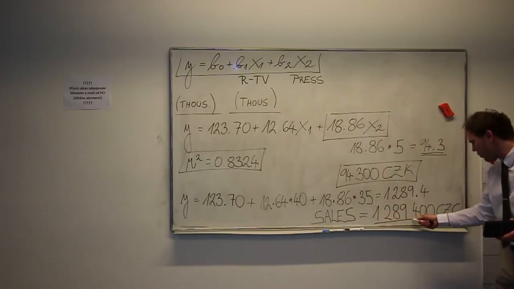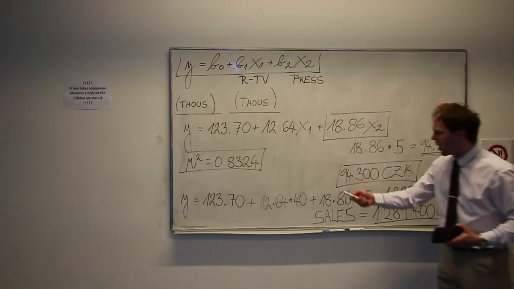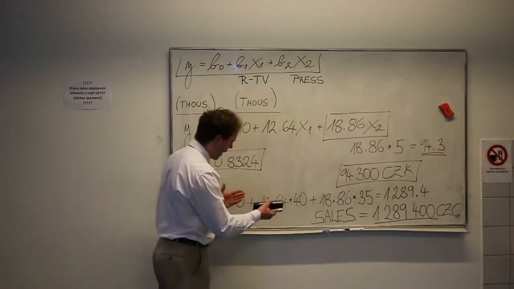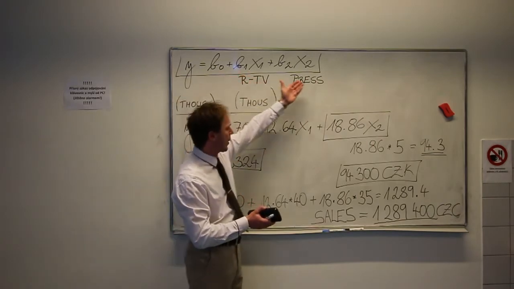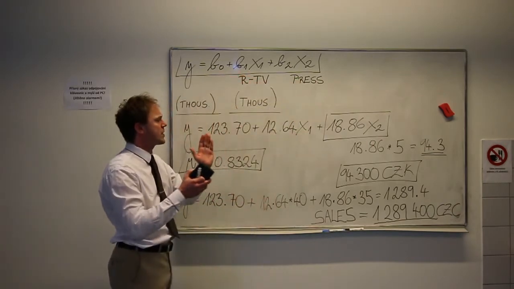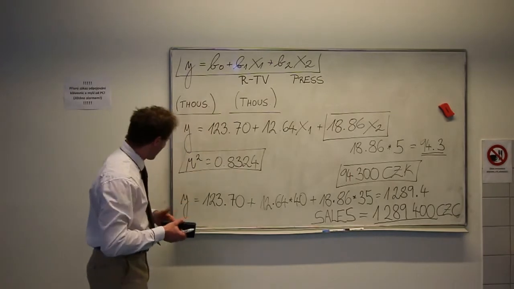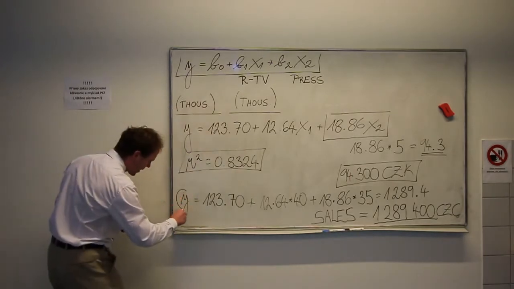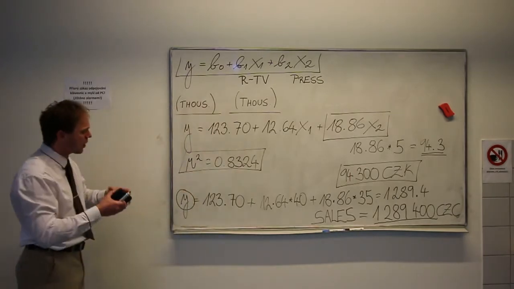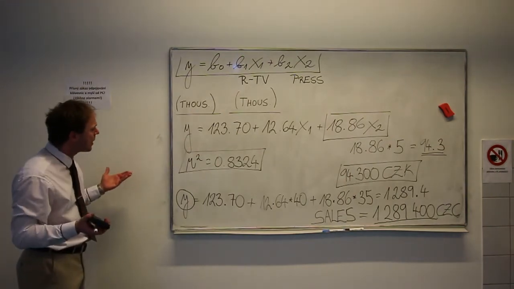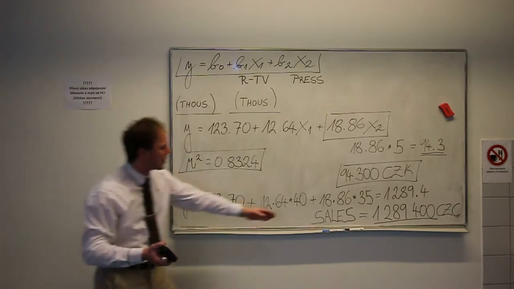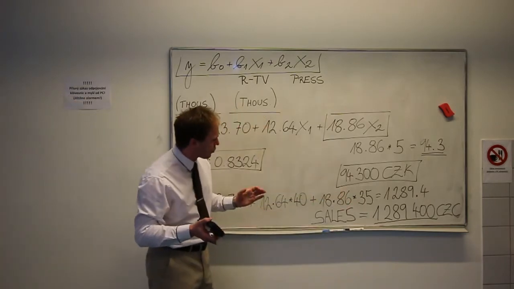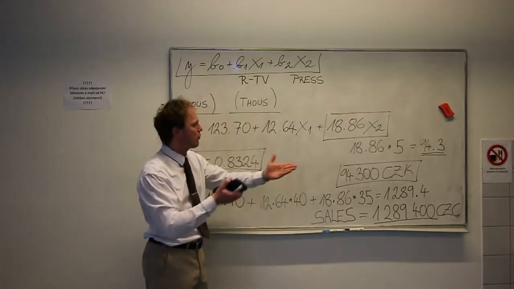So if we invest money in advertisement in radio and television and in press, 40,000 and 35,000 Czech crowns, you can expect to sell CDs with sales of 1,289,400 Czech crowns.